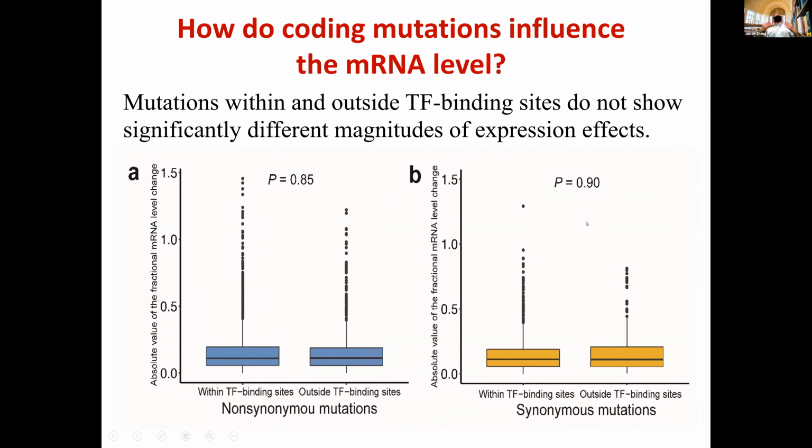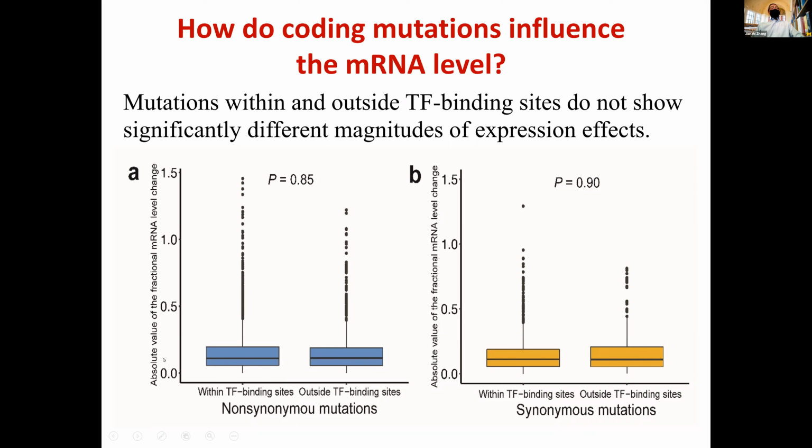So what is the mechanism by which coding mutations affect the mRNA level? One possibility is they affect TF binding. So we looked at mutations within and outside the TF binding sites. You can see the comparison here. The left bar is when the mutation occurs within a TF binding site of this gene, and the right is outside.